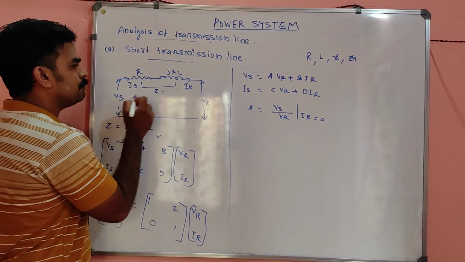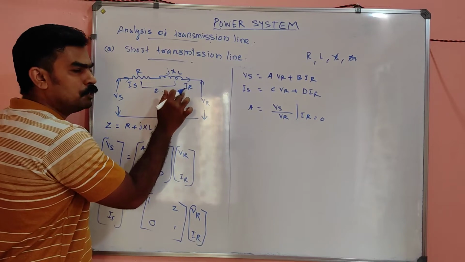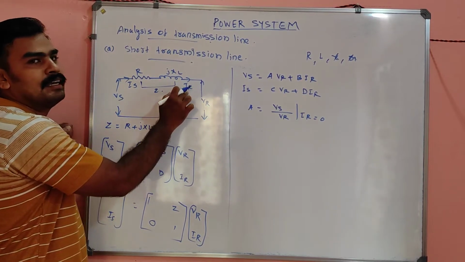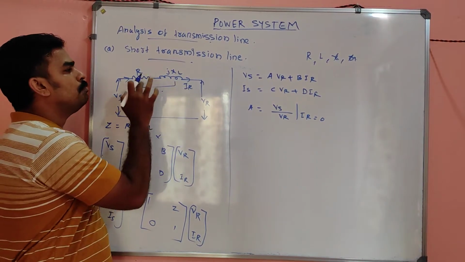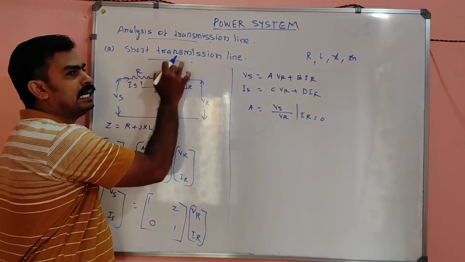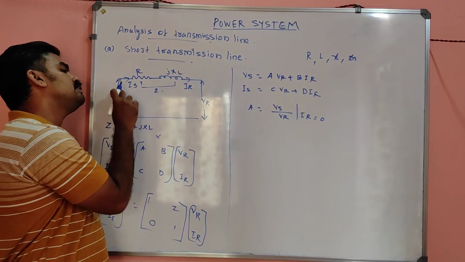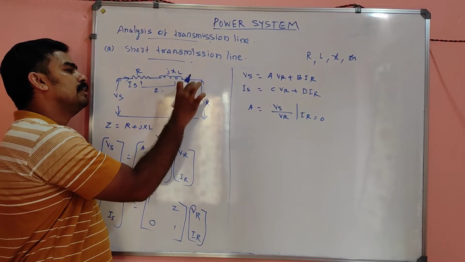See, my dear, IR equal to 0 means there will not be any current. There is no current means there will not be any drop across this R or jXL. That means the whole sending end voltage will be exactly available.